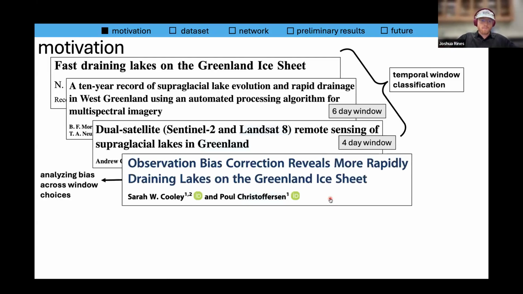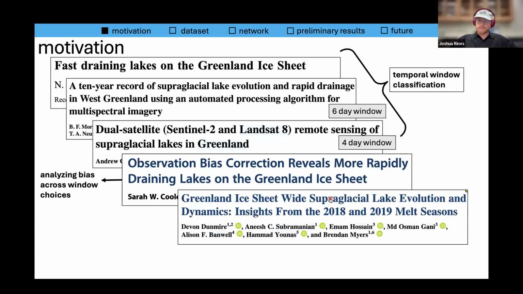And then there's some more recent literature that has looked at analyzing the bias that comes from observational constraints. We have clouds, we have no data days. And more recently, a paper that came out last year is the first sort of attempt to use deep learning on a scalar representation of spatiotemporal features.